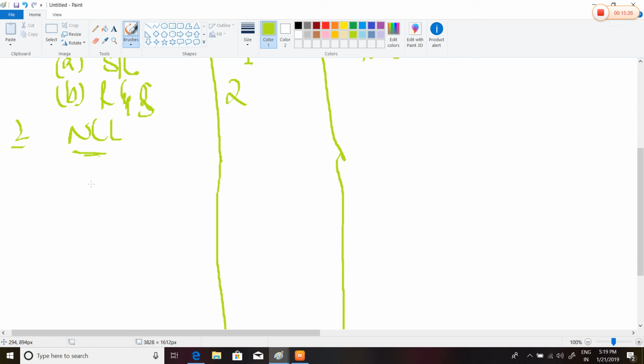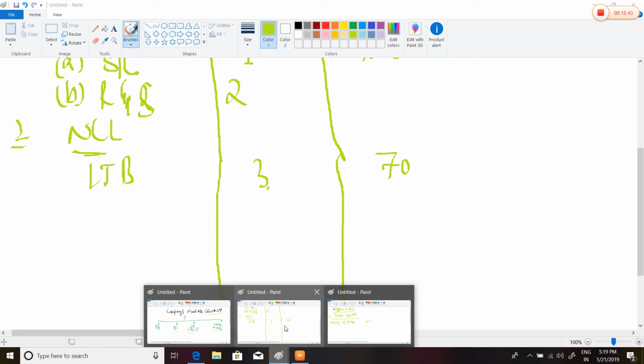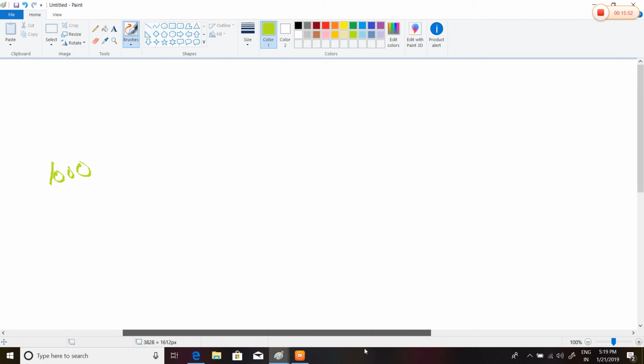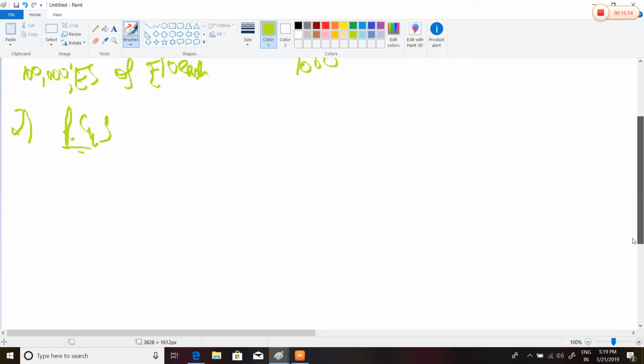Under this, long-term borrowings. Notes to account number 3. Write the amount here 70, and then make a heading here, the reserves and surplus, and keep it aside for a few minutes.